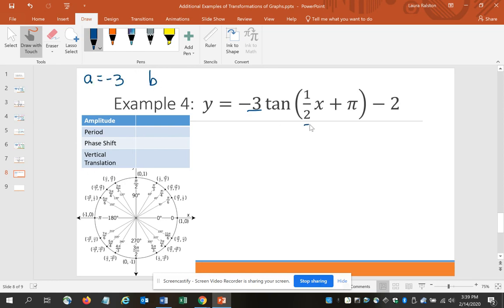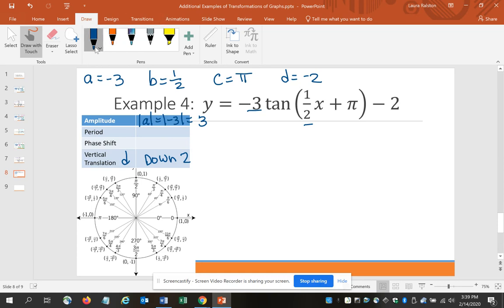B, the number in front of the x, is positive 1/2. C is pi, and D is negative 2. So first off, the D, which is negative 2, tells me I want to shift the entire graph down 2 units. My amplitude is still the absolute value of A, so the absolute value of negative 3 is 3.